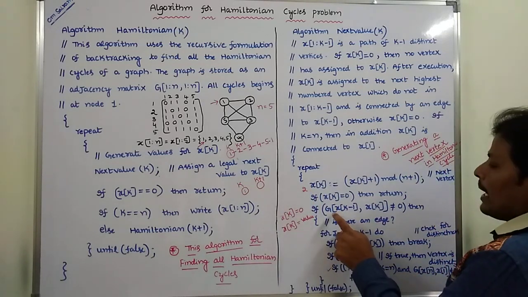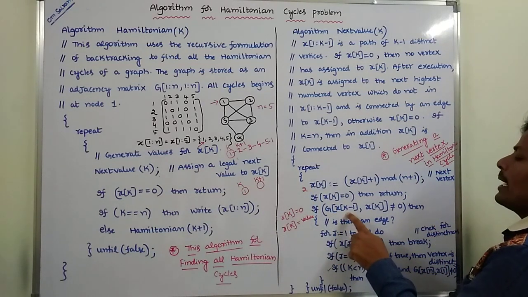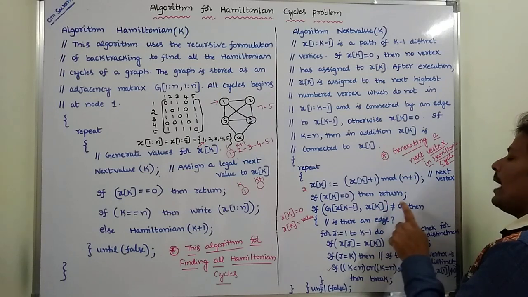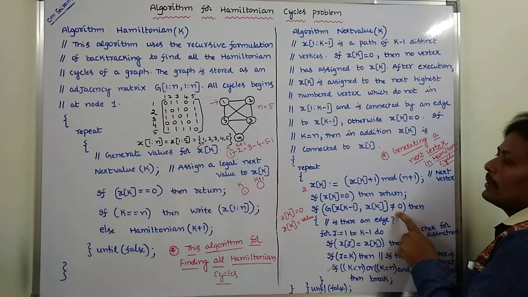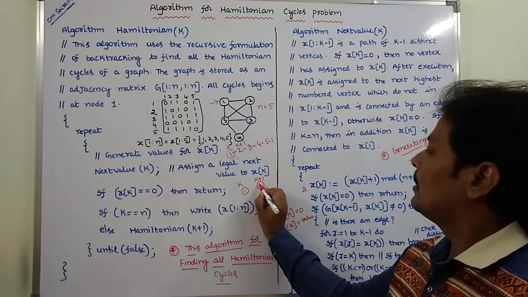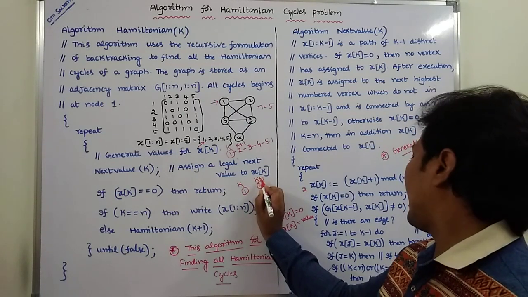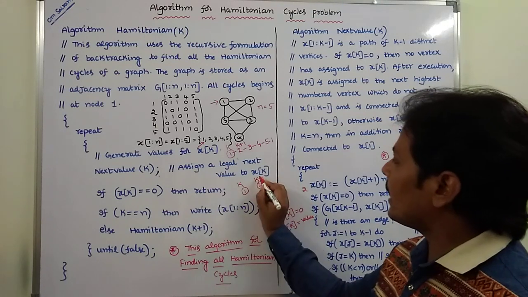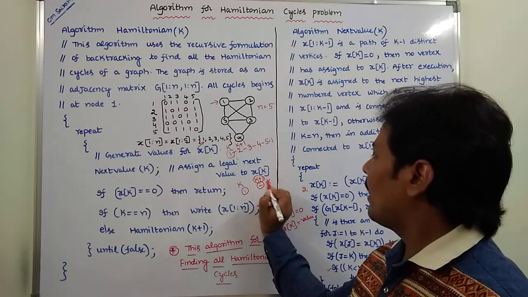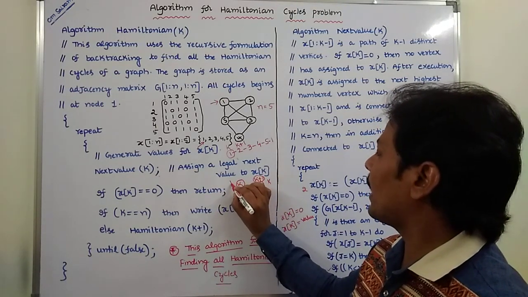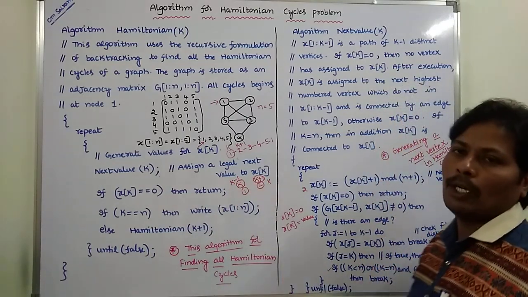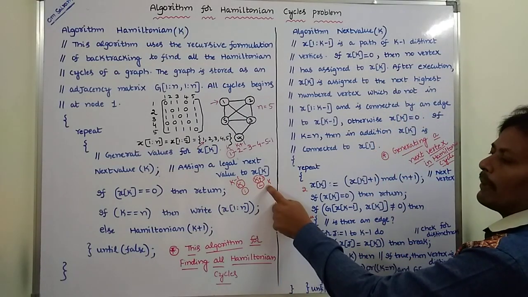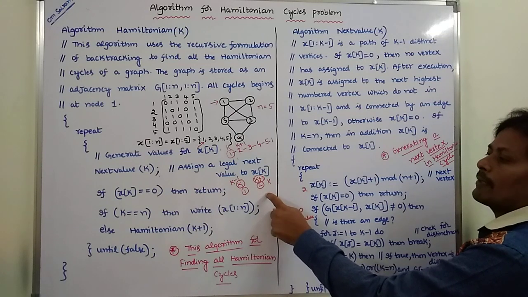Then g of x of k minus 1 comma x of k not equal to 0. That means this k plus 1 now becomes k, and the earlier k becomes k minus 1, because k is incremented from k to k plus 1.